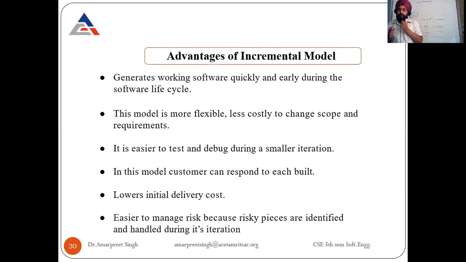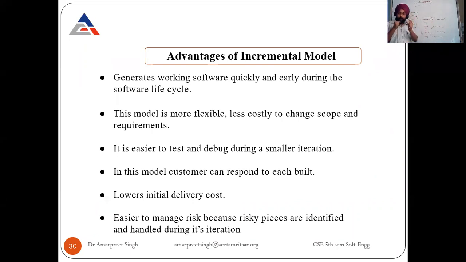So the advantages: it generates working software quickly and early during the software lifecycle. This model is more flexible, and less costly to change the scope and requirements. It is easier to test and debug during smaller iterations, because first we only debug and test this part, then testing for this module is done, then separate testing for this and this.